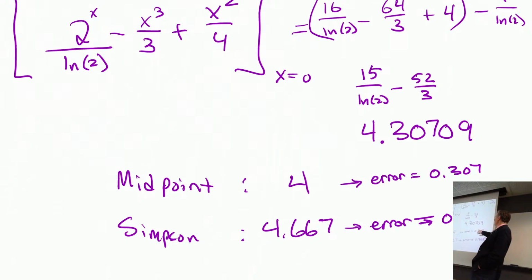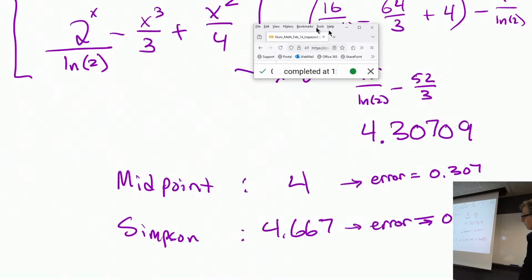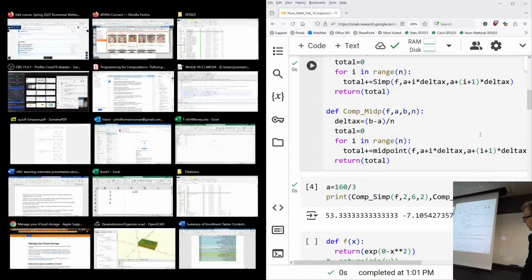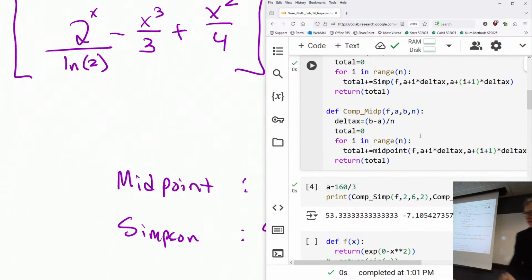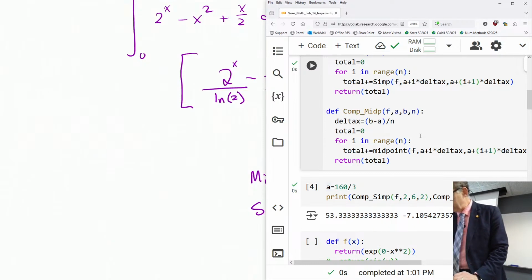So if this is the error we're starting out with, let's see what happens if we double n. Now I don't want to do this by hand. I'd much rather do this in Python, and I'd rather not have it take up the whole screen. There we go. Okay, and now I can't see my errors. Of course, it's on the wrong side of the screen. Just a minute.